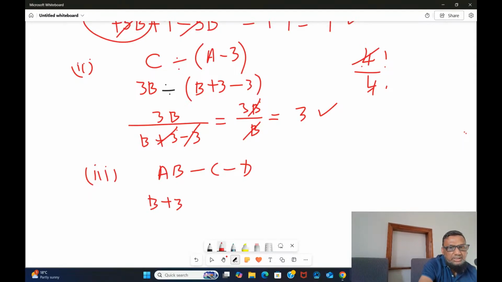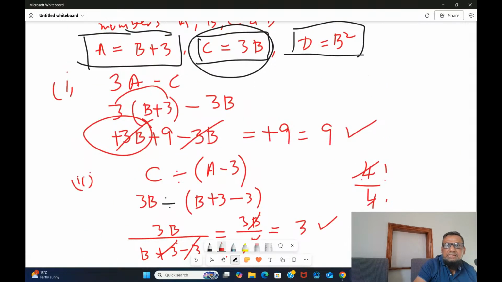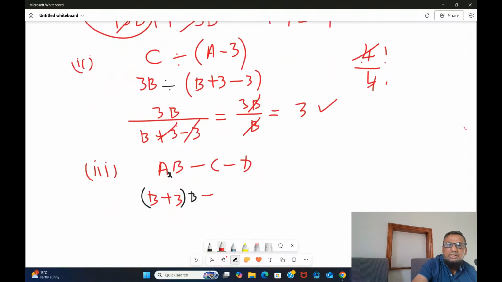Now look at this one. You need to understand the relationship between a and b. They are multiplied with each other. So very simple, you need to put the bracket here and put the b here. It means this b multiplies with this bracket. And now minus c. Go back and check the value of c. The c value is 3b, so instead of c we can write 3b.